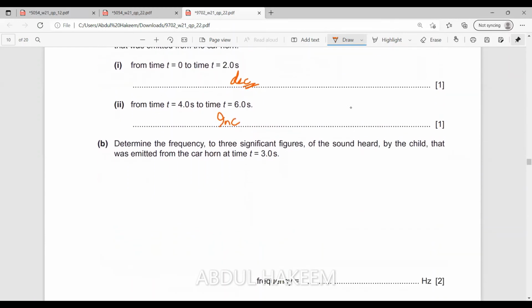Next is determine the frequency to three significant figures of sound heard by the child that was emitted. The same formula, f0 is equal to f·v divided by v plus vs. So what is the actual speed? It is 338.